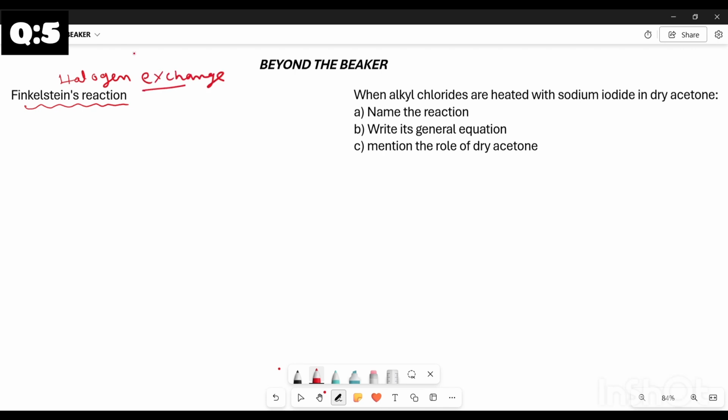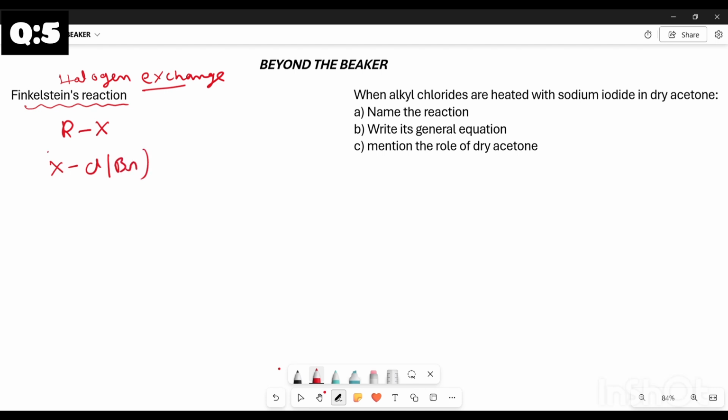Halogen exchange method. In the Finkelstein reaction, I take an alkyl halide, where the halogen is either chloride or bromide.